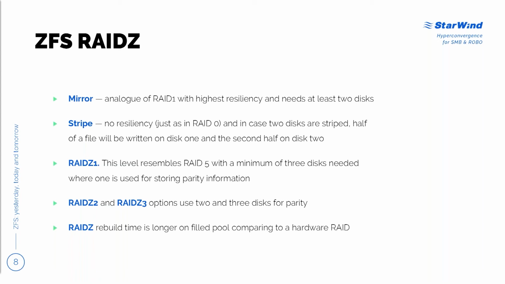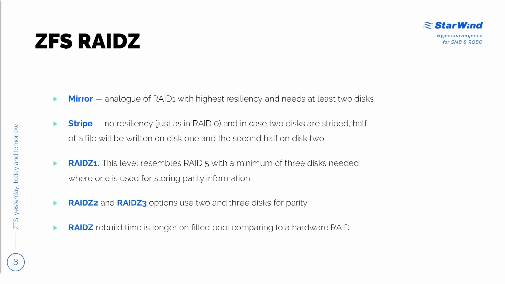RAIDZ2 and RAIDZ3 options use 2 and 3 drives for parity. So for example, RAIDZ3 can be a good fit for storing mission critical data, while RAIDZ2 will be beneficial in terms of performance.